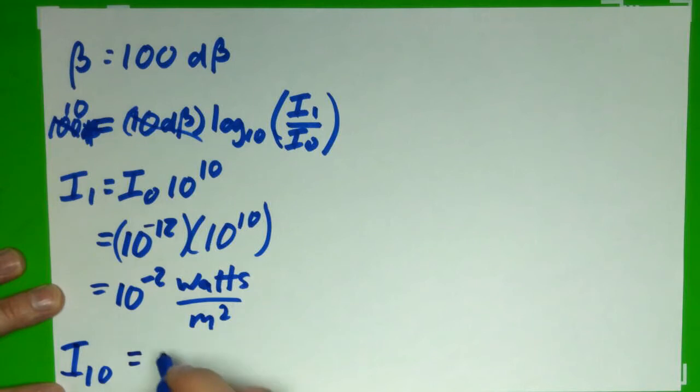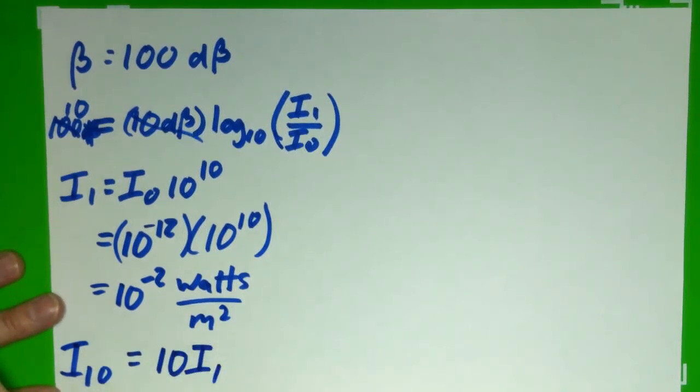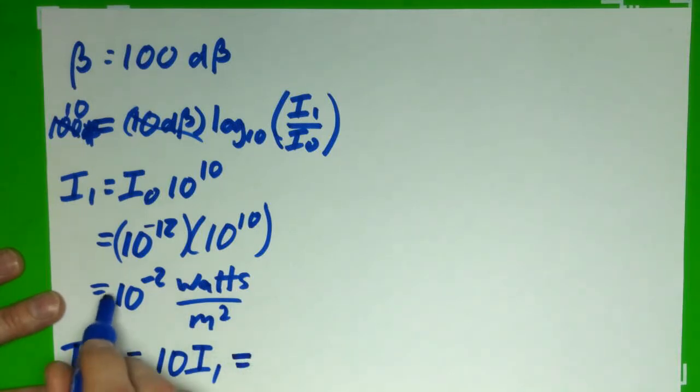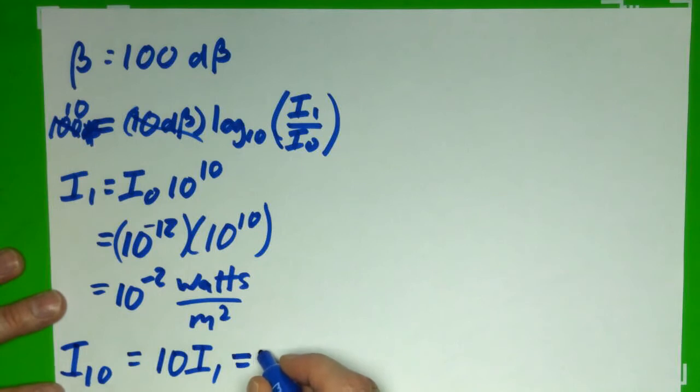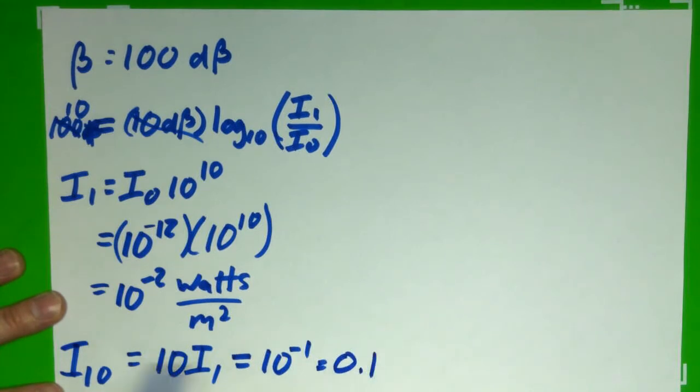So this is going to be equal to 10 times I1, because I've changed the source, and it scales along with that source. So I have 10 times 10 to the negative 2, which is just 10 to the negative 1. I'm going to leave it in these powers. That's just 0.1, also watts per meter squared, but I'm going to reference the power form. It's a little bit easier.